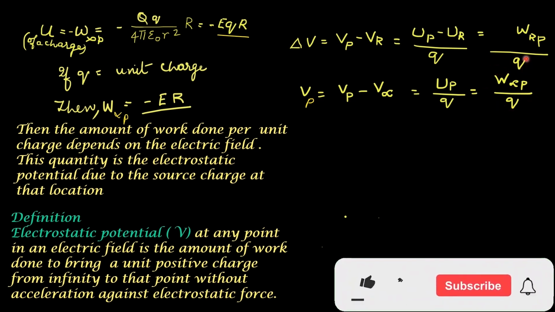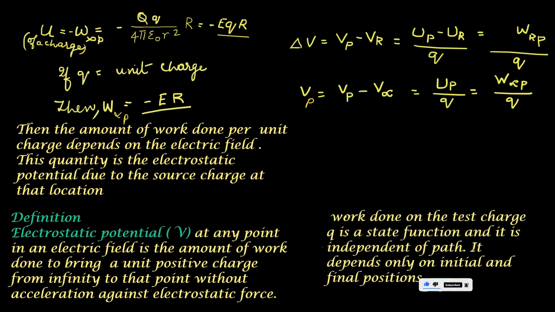The work done on unit charge in shifting it from infinity to the point P is really a state function. It does not depend on the path. It depends only on the initial and final position of the charge, that is infinity, and the location where we want to find the electrostatic potential.